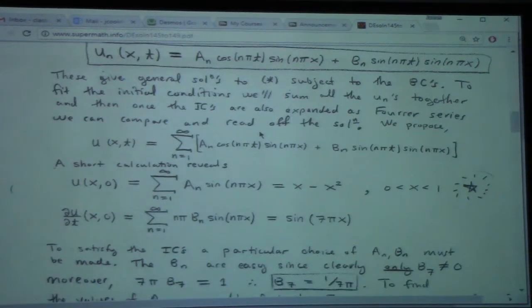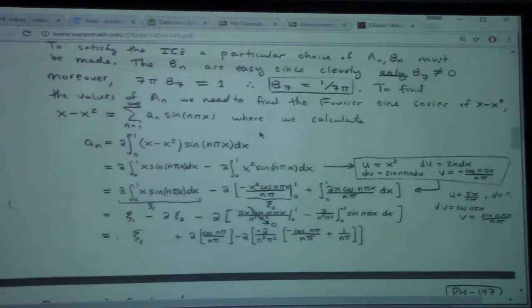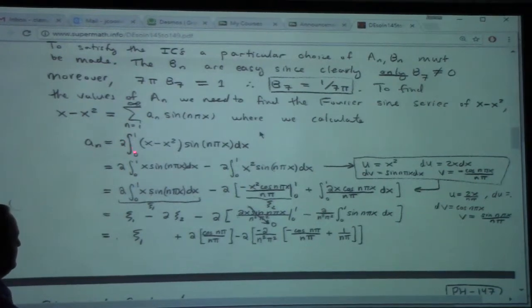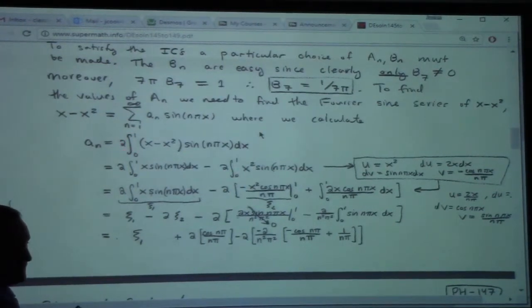But the other one, yeah, I've got to calculate this integral from 0 to L. This is 2 over L, but the L is 1, so that's what 2 over L looks like here. And I'm integrating f of x times sine of n pi x over L, but L is 1.